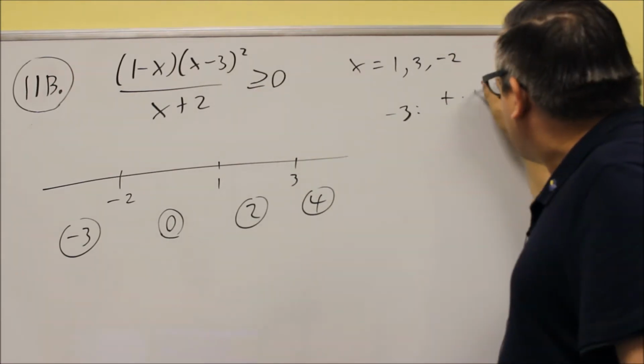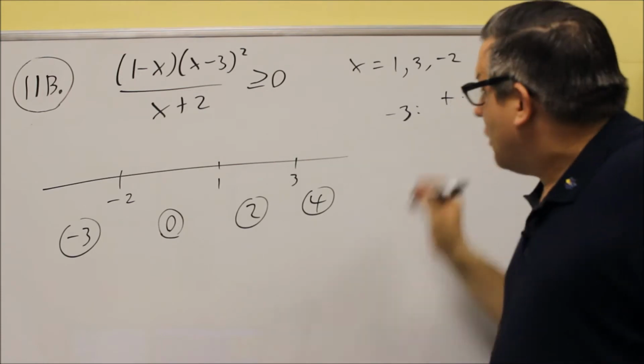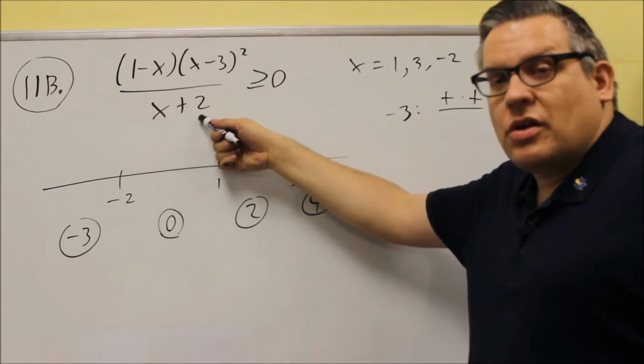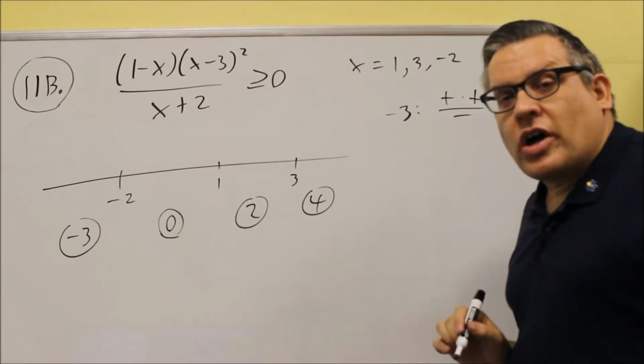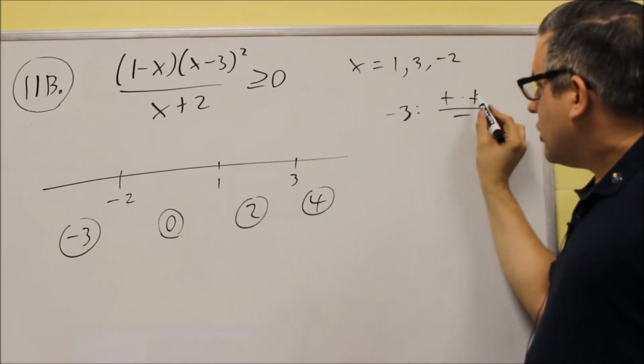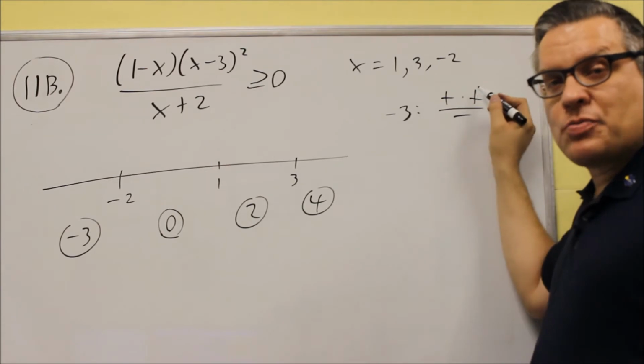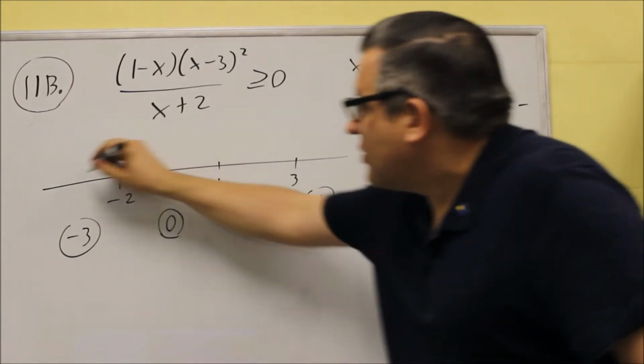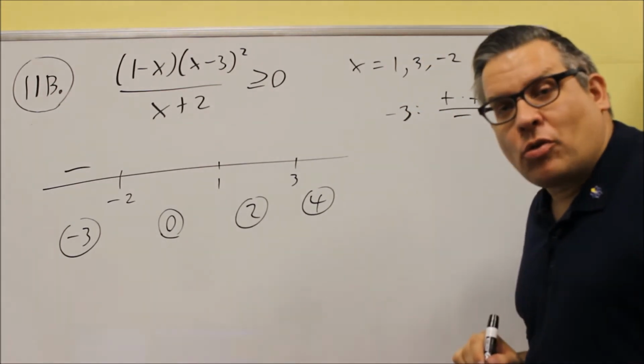That's also going to give me something that is positive. On the bottom, -3 plus 2 is negative. So I get 2 positives on top, which is positive, divided by a negative, will give me a negative as a result, which means that I'll have a negative here on my number line.